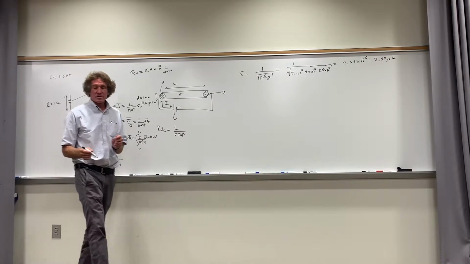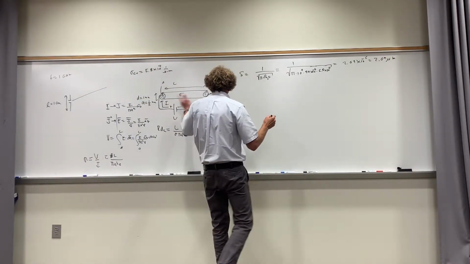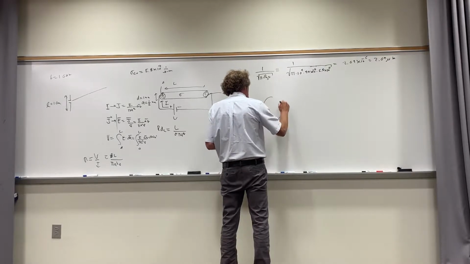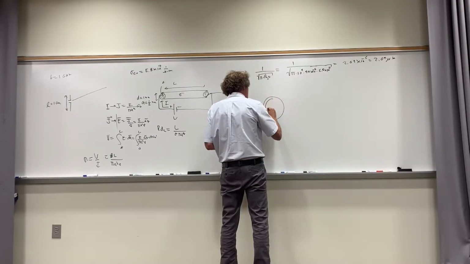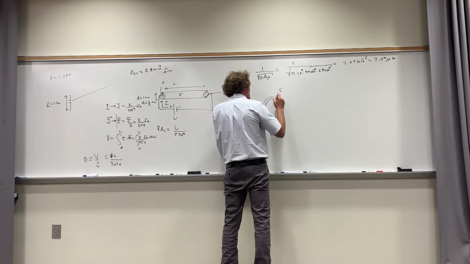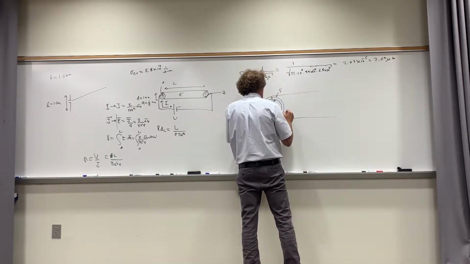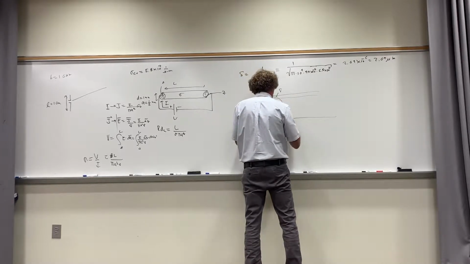So now, when we're dealing with skin depth effects, we have the same wire, but all the current is going to be contained within 1 skin depth of the surface. So this is equal to a skin depth right there, and the radius is still A. Now we have basically a thick pipe, maybe not so thick.